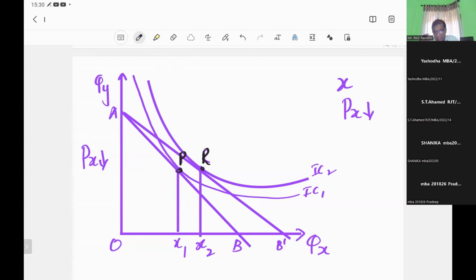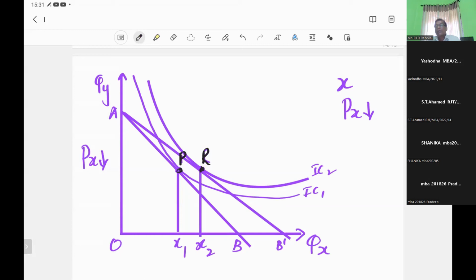Now we can measure the substitution and income effect. Again, we have to draw a parallel line to the new budget line AB dash.